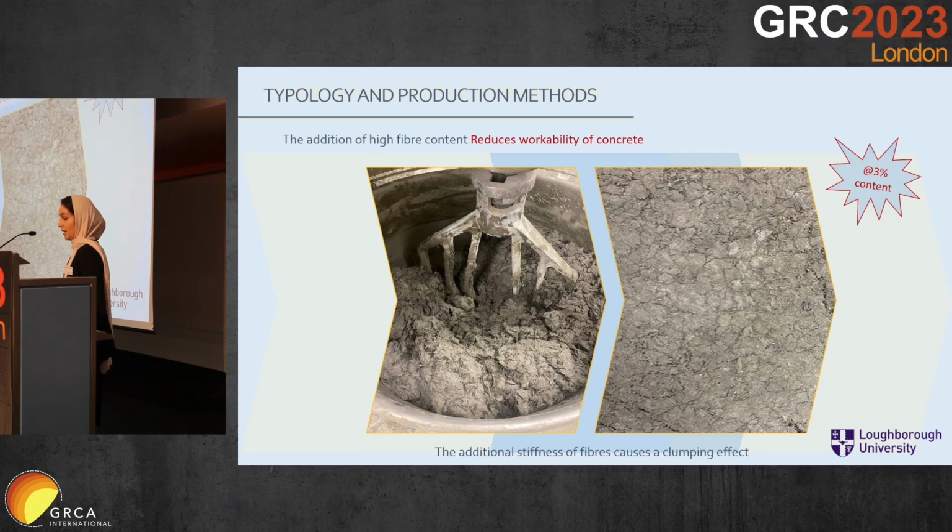If we look at the cast mix design, you can see that that's definitely a non-starter. You get fiber balling, you get clumping of the fibers, and you get this constituency that's a bit like Play-Doh, and it's not something that we can actually use if we are to make the panels commercially.